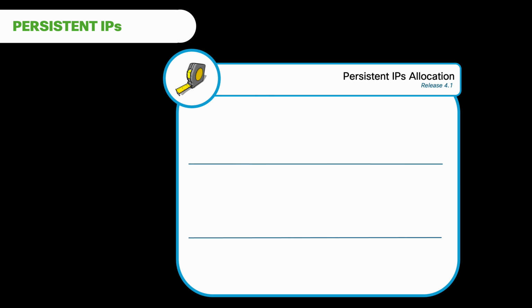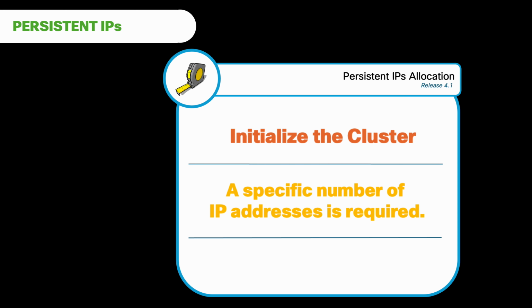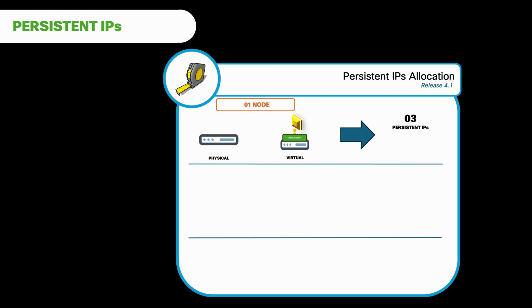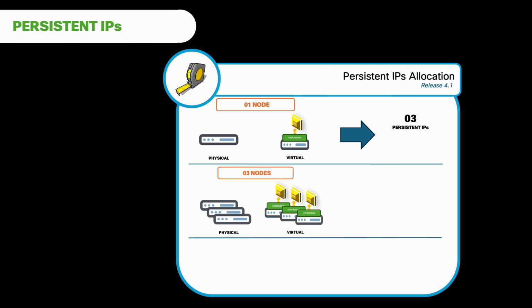You must use persistent data IP addresses to initialize the cluster. So you must allocate a specific number of persistent IP addresses based on your configuration. If your cluster has one node, allocate 3 persistent IP addresses. If your cluster has 3 or more nodes, allocate 5 persistent IP addresses.